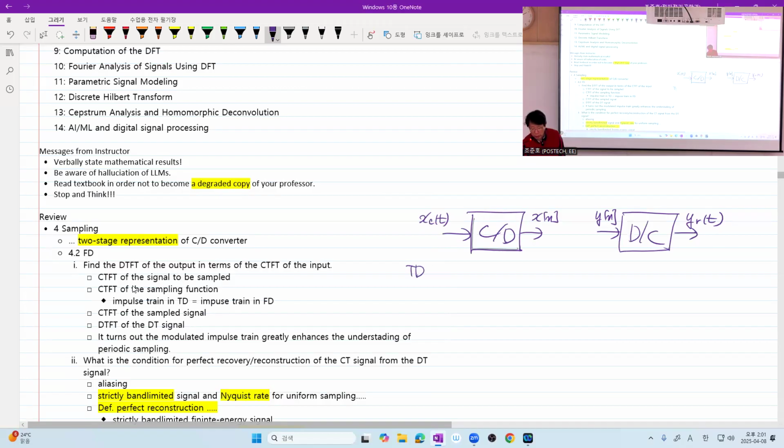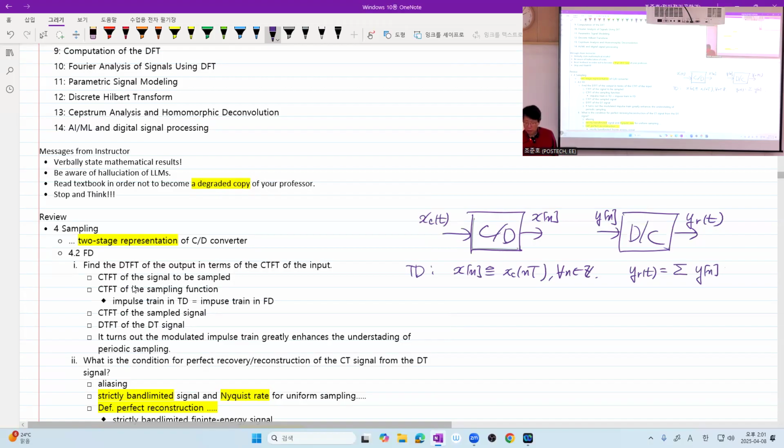So in the time domain, x of n is defined as the evaluated version of the input continuous time signal for all n. And in the time domain, this reconstructed signal can be represented as an interpolated version.